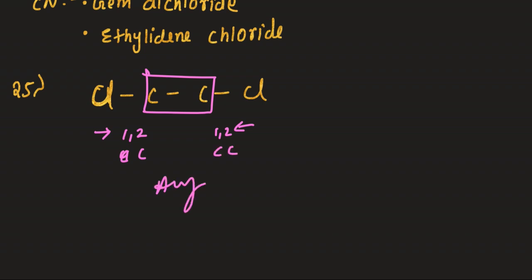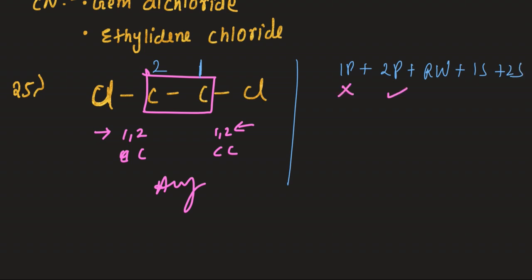That means we can choose any direction. I am taking 1 and 2. While writing the IUPAC name: primary prefix, secondary prefix, root word, primary suffix, secondary suffix. Can I say there is no cyclo or bicyclo? There is a substituent at which position? 1 and 2.